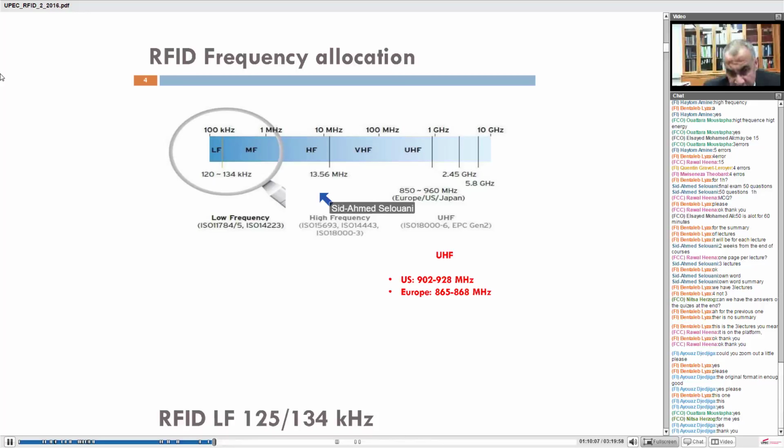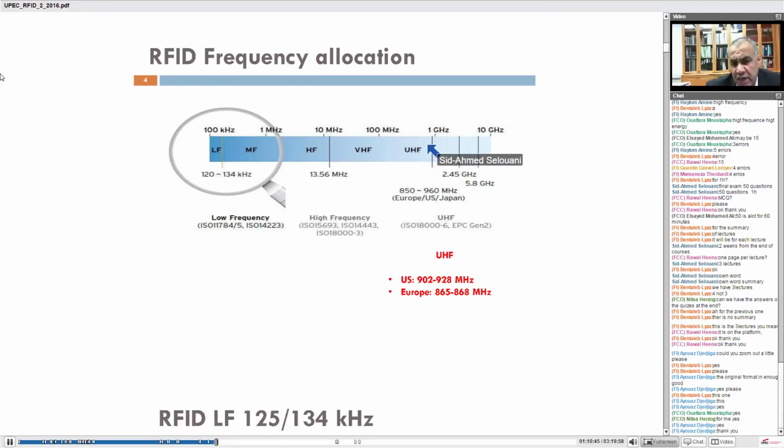Okay, good. So the RFID frequency allocation is very, very important. If you can, remember all that is in this slide. There is low frequency RFID, high frequency RFID, UHF RFID, and microwave RFID. We have seen the frequency spectrum, and there are four RFID technologies depending on the frequency of use.